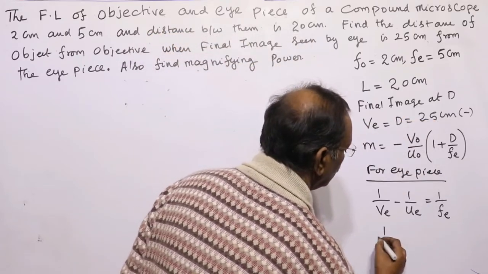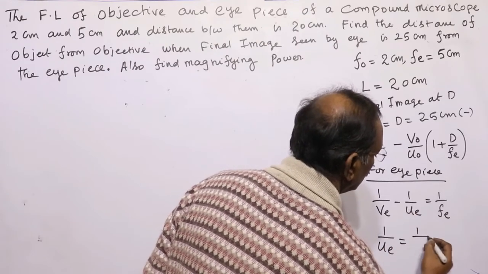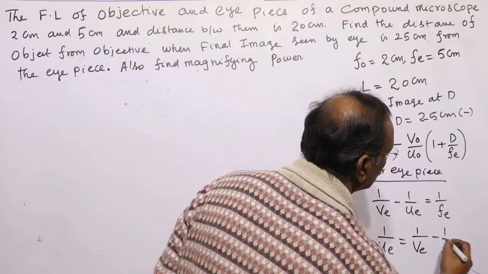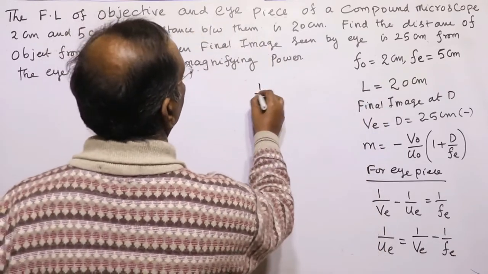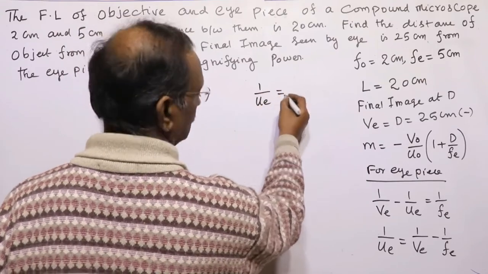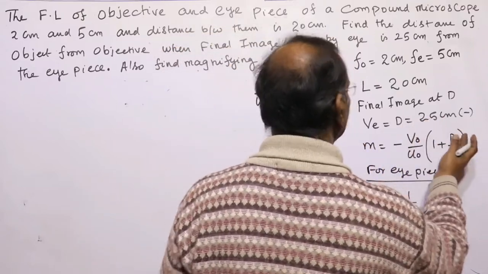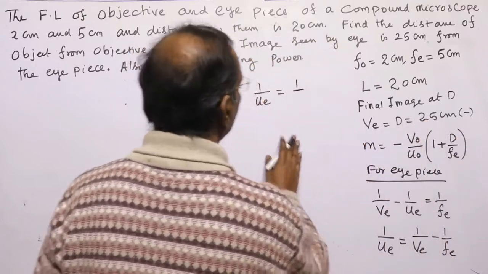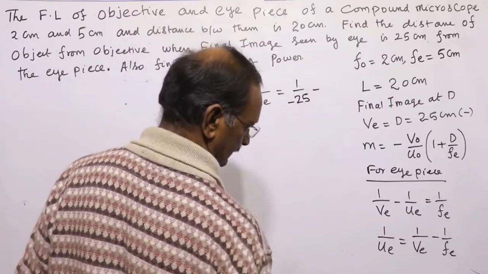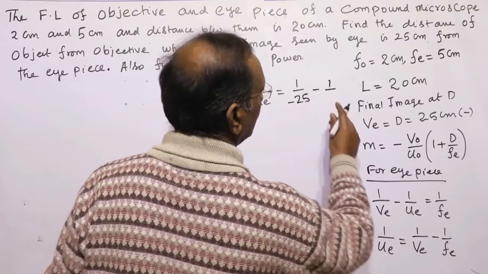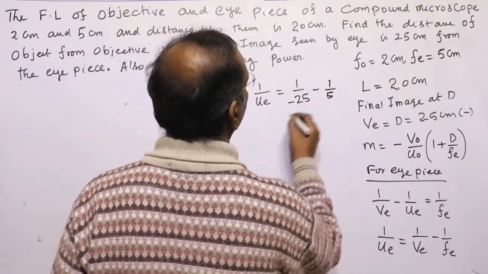So we find out 1 by UE is equal to 1 by VE minus 1 by FE. 1 by VE is 25 centimeter in front of the lens, that's why we put minus 25, minus 1 by FE. FE, focal length of the eyepiece, is equal to 5.